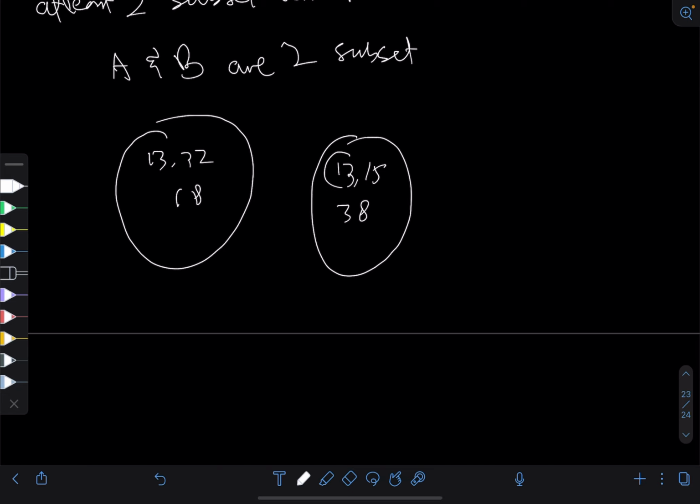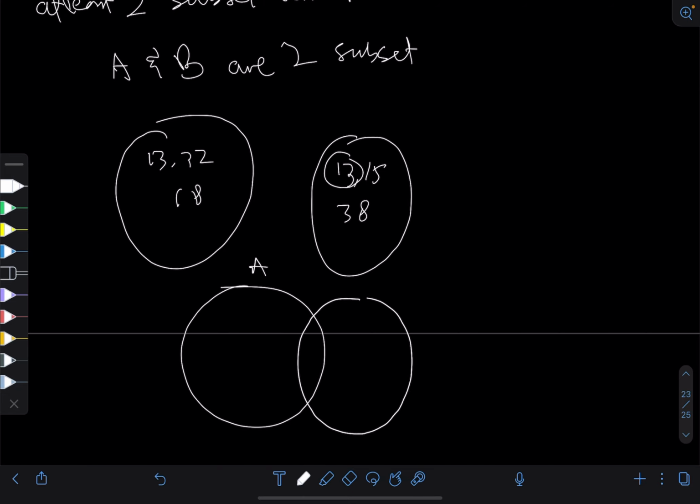They have 13 in common. If I draw a proper Venn diagram, this would be A, B, with 13 in common, then 12, 18, 15, 38. So these two A and B won't be the correct answer because they're not disjoint.